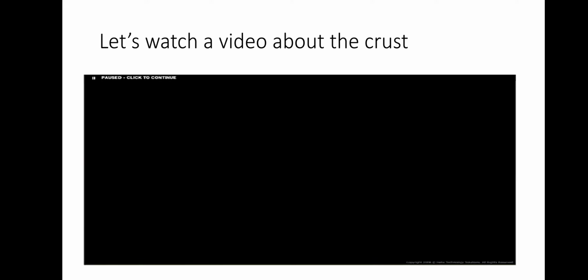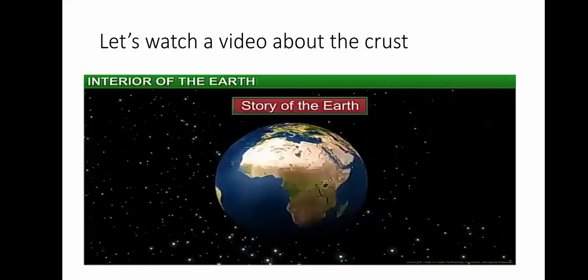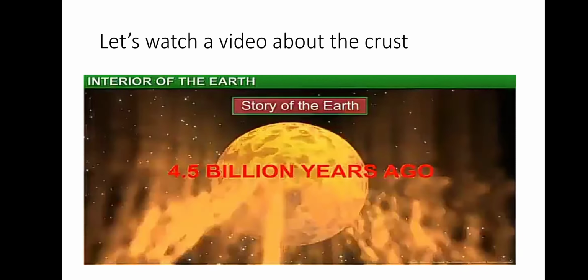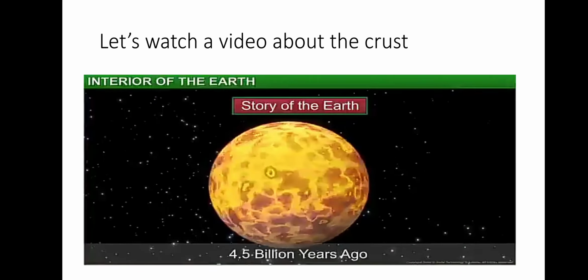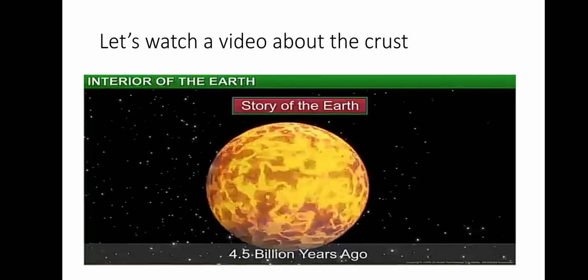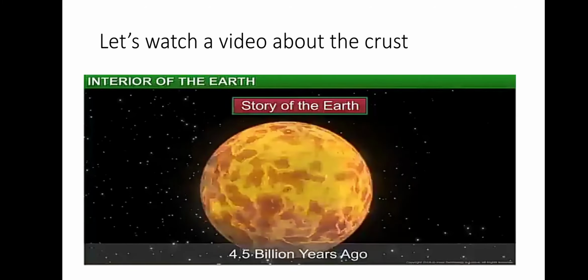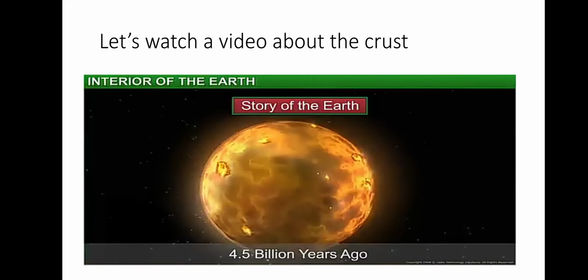In this module, you will learn about the internal structure of the earth. To understand the structure of the earth, first, let's get a background on how the earth was formed. It happened 4.5 billion years ago. The earth then was nothing like what it is today. The earth started off as a round ball of homogeneous, molten material revolving around the sun.